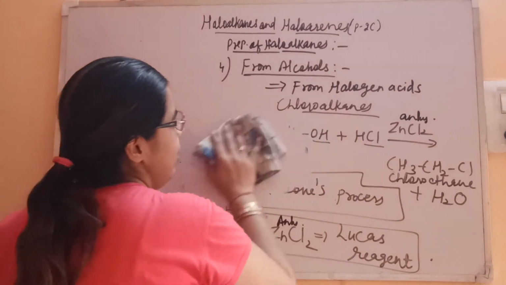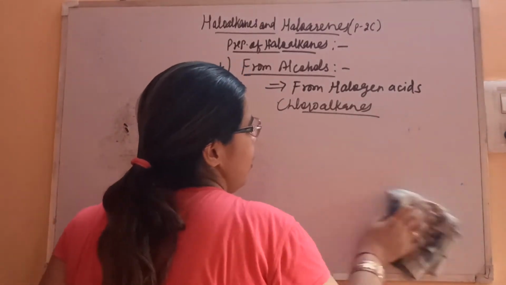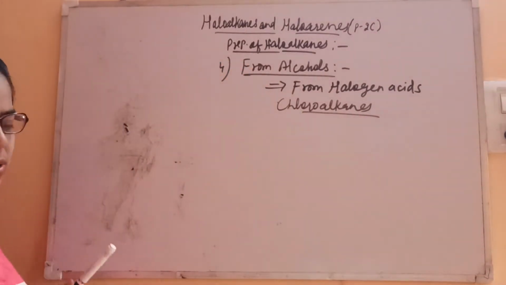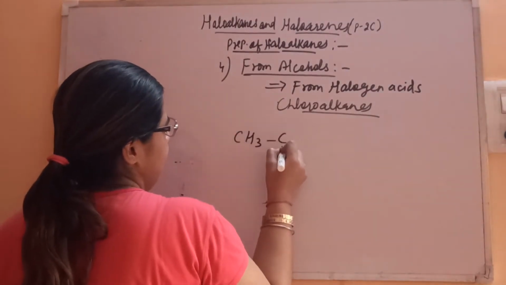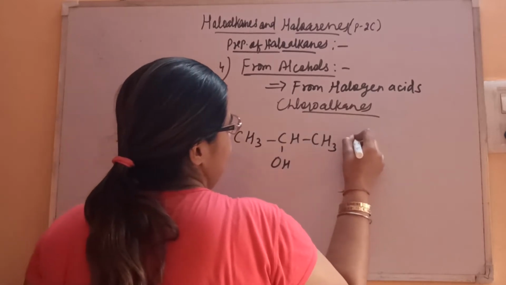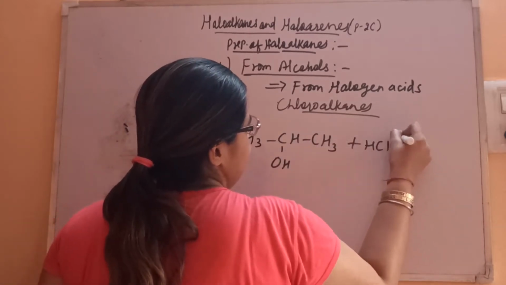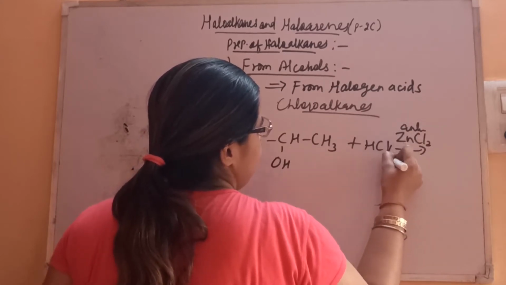Now let's see if we take secondary alcohol, then what will happen? Because it depends on its reactivity. Secondary alcohol will also react in this manner only. If I take any secondary alcohol, let's take propan-2-ol, treat with Lucas reagent, anhydrous, the gaseous form.